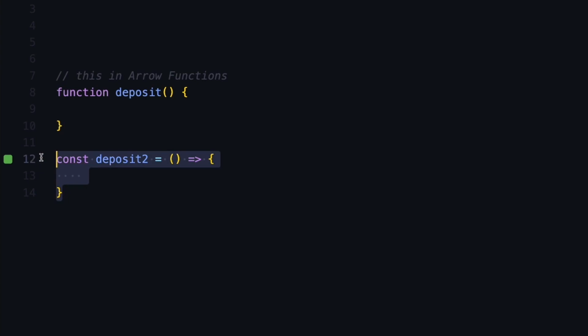But basically, these functions are exactly the same, and the only difference is their definition. The first one is a regular declaration of a function, and the second one is a declaration of an arrow function. So you could write the same body inside of both deposit functions, but this one has some key differences compared to traditional functions, and one of which is their behavior with this keyword.